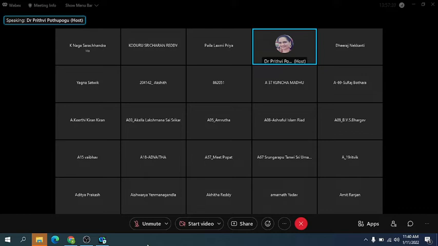Next experiment. Implementation of ripple carry adder using full adders. You can take a 4-bit implementation, 4-bit ripple carry adder design.